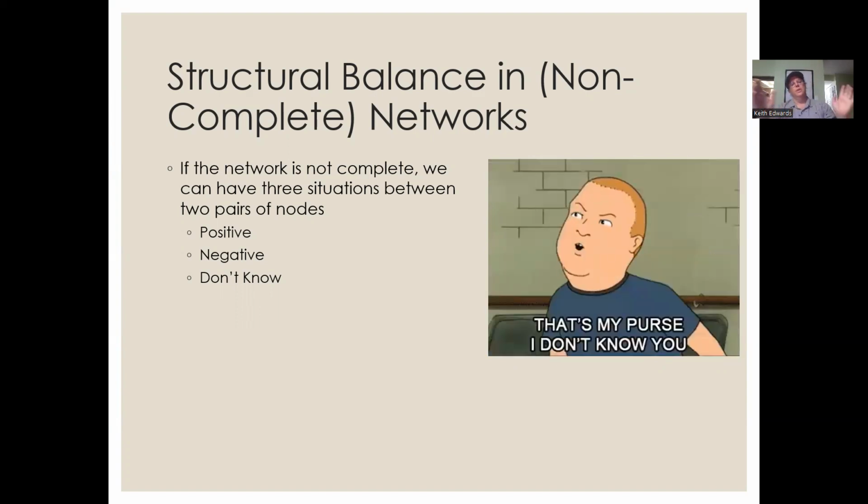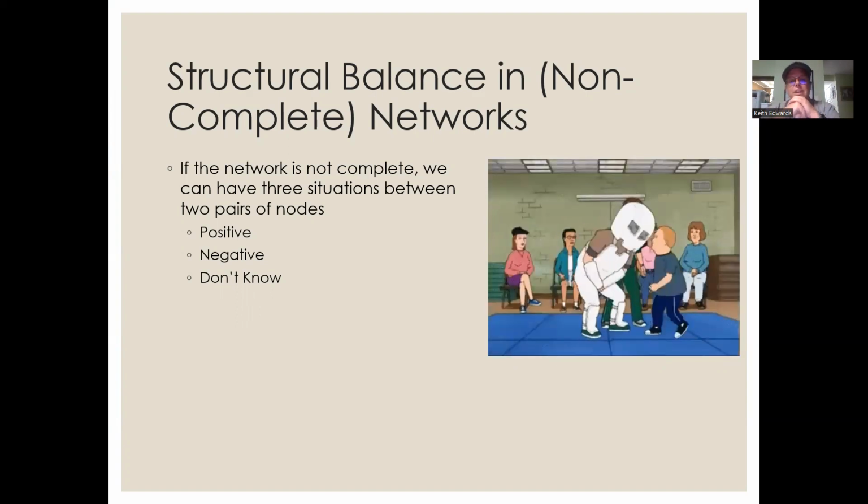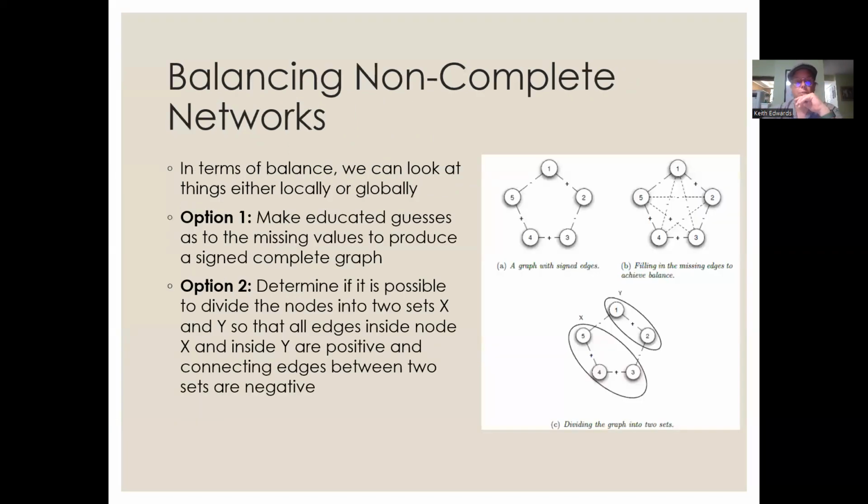But so we can divide things into positive, negative, and hey, I don't know this other node. So in terms of balance, we can look either locally or globally for balances in these non-complete networks. Option 1 is, we make educated guesses as to missing values to produce a signed complete graph.